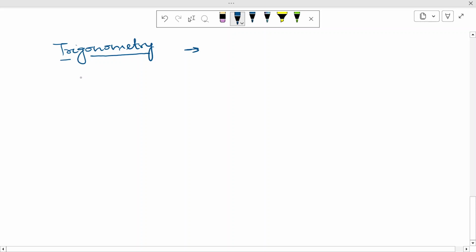In particular, we discussed 6 trigonometrical ratios, and we obtained the trigonometrical ratios in terms of the sides of a right angle triangle.